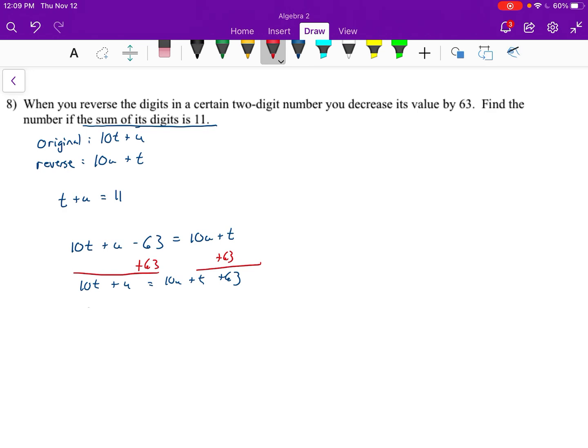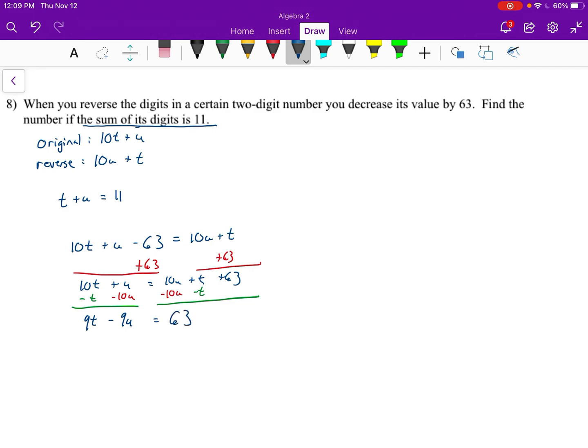Then I'm going to get the u's and t's on the other side. Be careful to subtract from the right term. So subtract 10u from both sides, and then subtract t from both sides. That will leave us with 9t minus 9u equals 63.